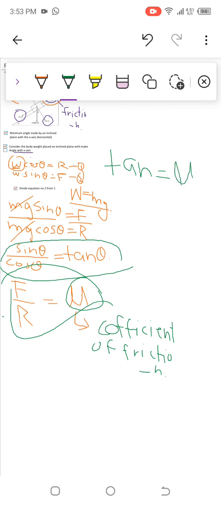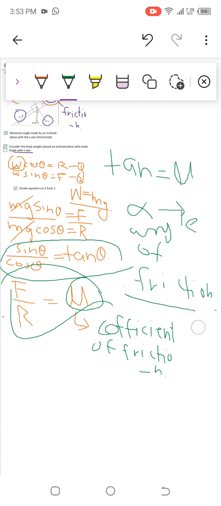Here alpha denotes the angle of friction. Hopefully this is clear to you. Tan theta is equal to mu.